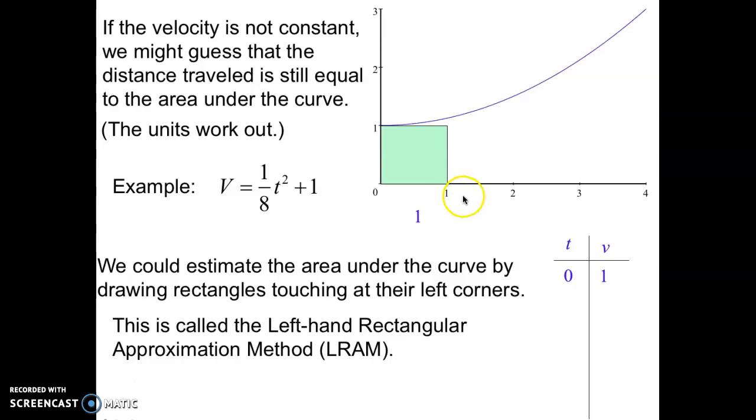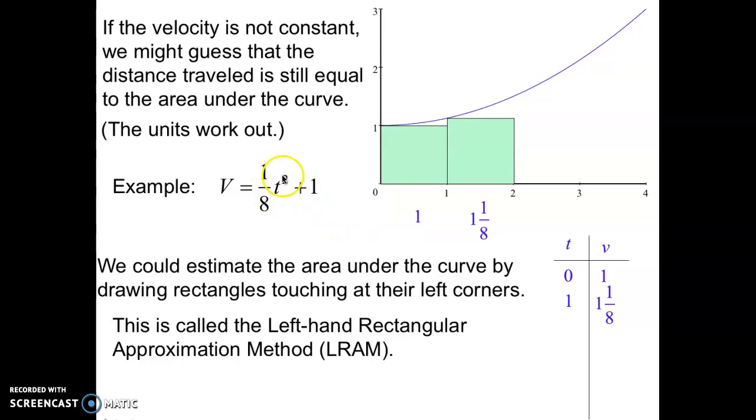Now let's draw another rectangle starting at time equals 1. I draw so that we're hitting the curve right here at time equals 1, and then draw straight across for 1 unit. I need to know the length of this rectangle, which, again, is the value of the curve when t equals 1.